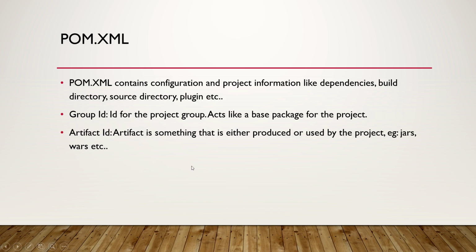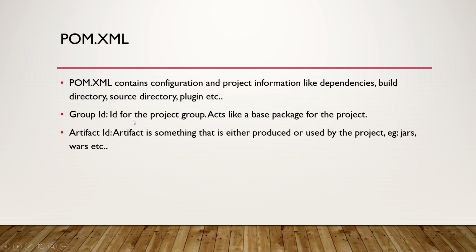Okay, so coming to the pom.xml. Pom.xml is the most important part of Maven. You mention what all the dependencies are that you need in this pom.xml file only. And you also mention the group ID and the artifact ID. Group ID is like a project package, the base package for your project. You can take it that way.